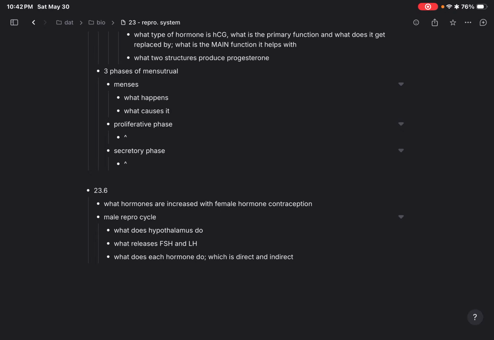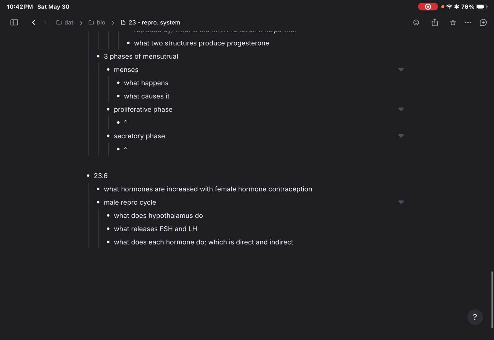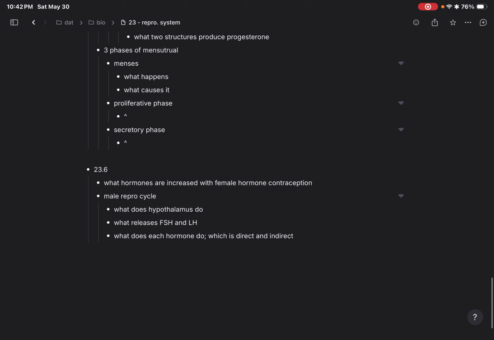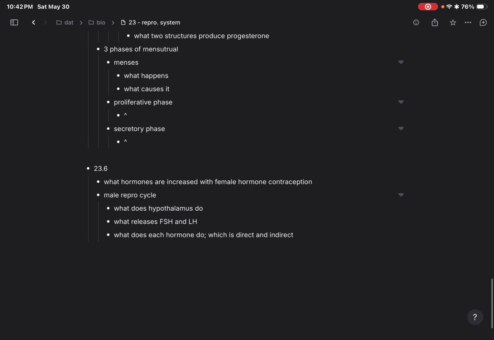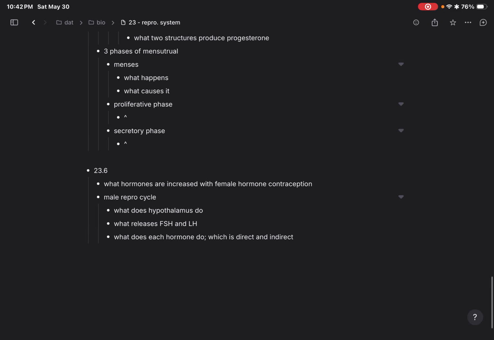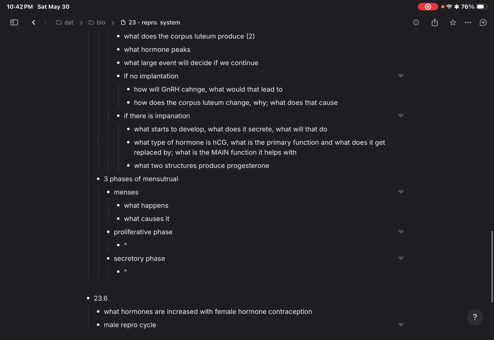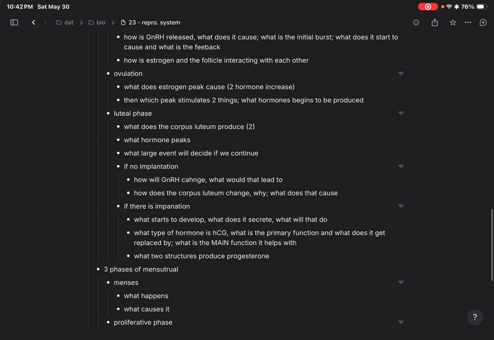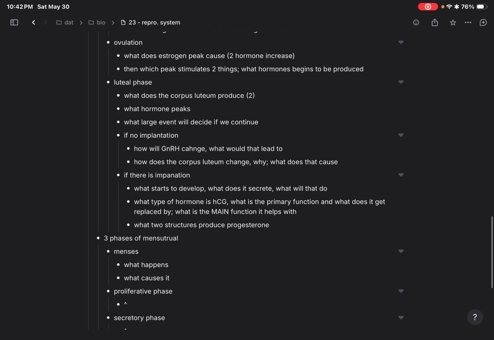Okay, so the menstrual cycle. There's menstrual, proliferative, and secretory. The menstrual phase is first, days 1 to 5. That is when you shed, right? So that's going to be basically luteal, or ovulation. No, not ovulation.